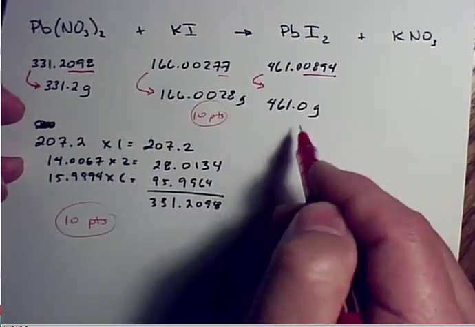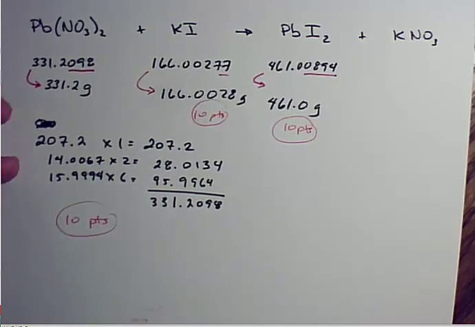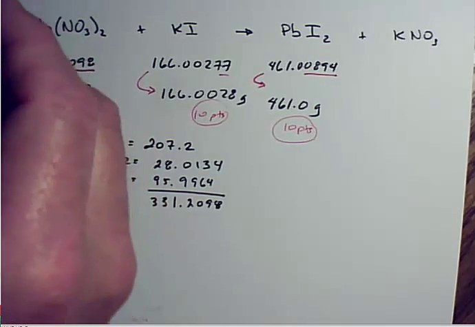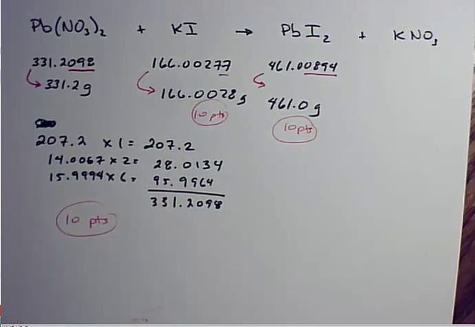Again, 10 points. Okay. Potassium nitrate. Let's see. Potassium we said was 39.0983.